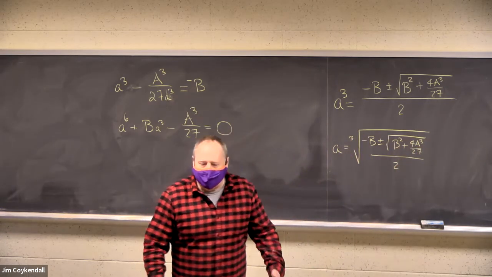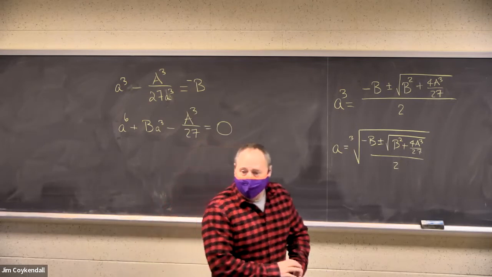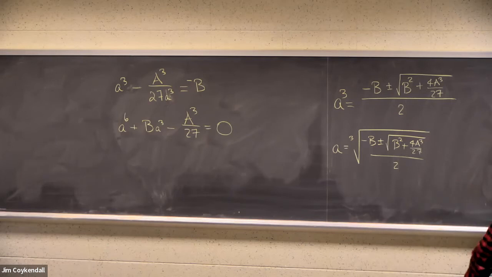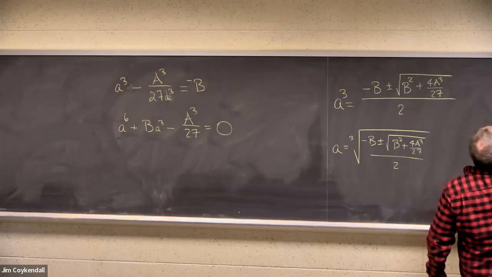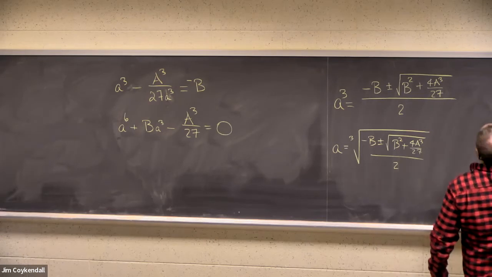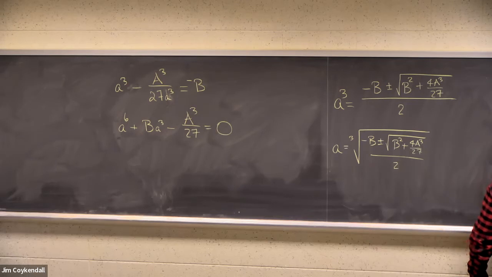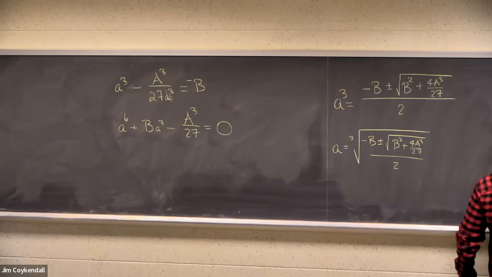Now, again, you might worry a little bit about what root you pick, but it actually doesn't matter, and you can check versus these identities to see that this works. I will pick A to be positive, negative B plus the square root of B squared plus 4 A cubed over 27, all over 2.